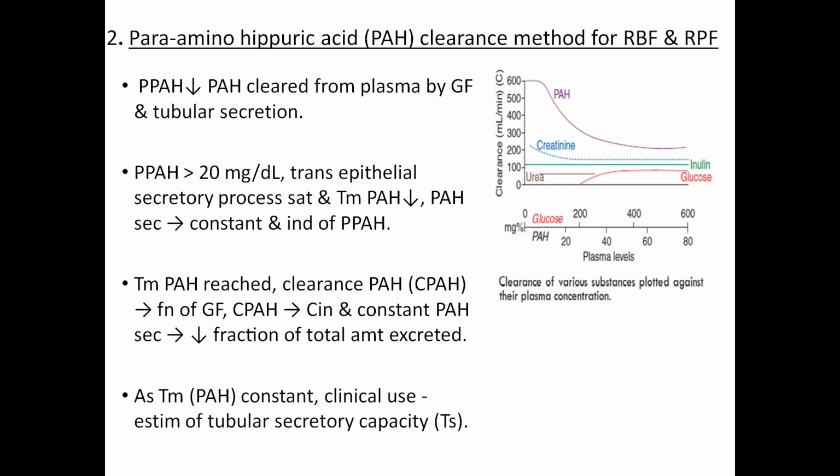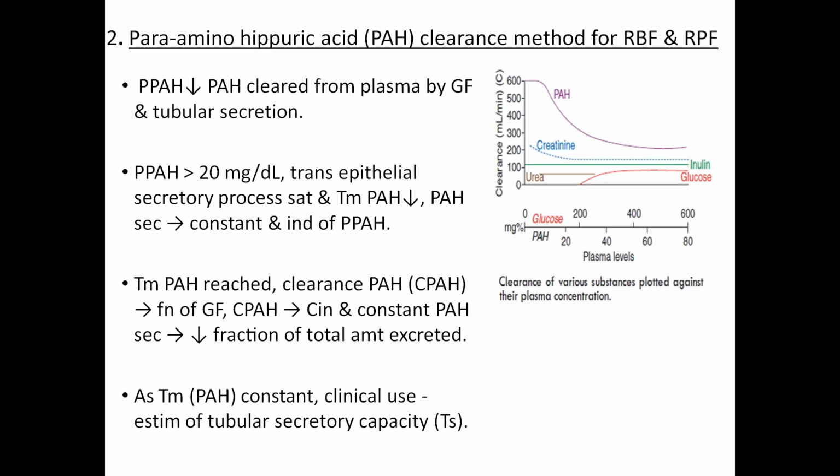When the PPAH is low, the para-amino hippuric acid is almost completely cleared from plasma by a combined process of filtration and secretion. When it is above 20, the transepithelial secretory process is saturated and Tm of PAH is reached. Then the quantity of PAH secreted remains constant and independent of PPAH.